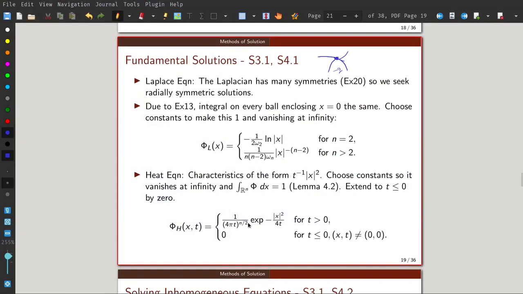Except for the point where x is equal to 0, where you have a problem. So what happens for x not equal to 0 is that this exponential factor dominates the divided by t factor here, and everything goes to 0. And so in that spirit, you can extend it to a smooth function that is 0 for negative t, and t equals 0 except for the origin.